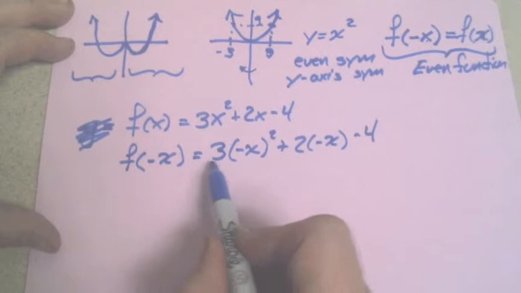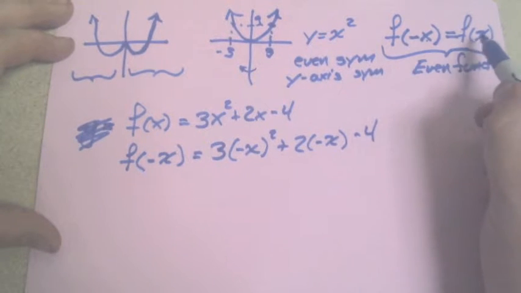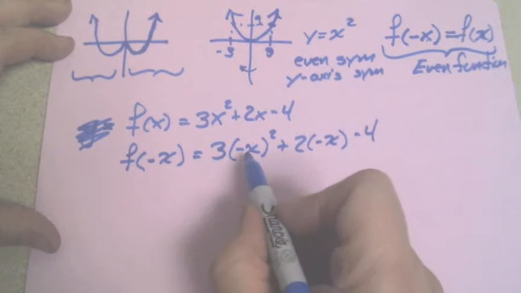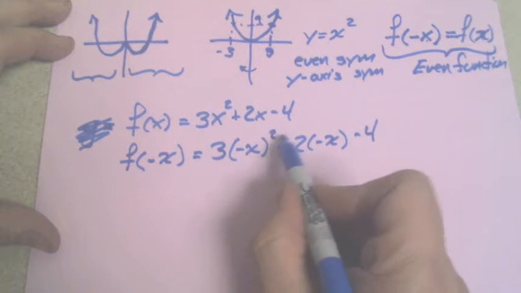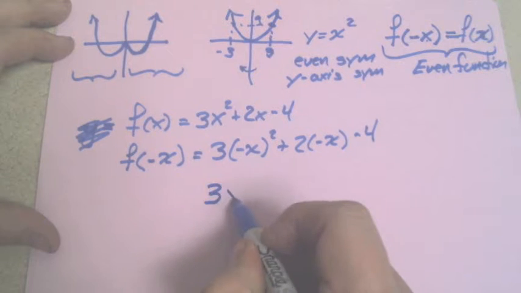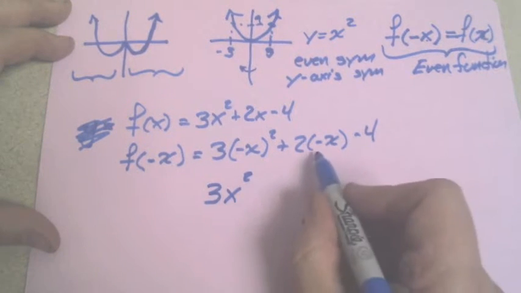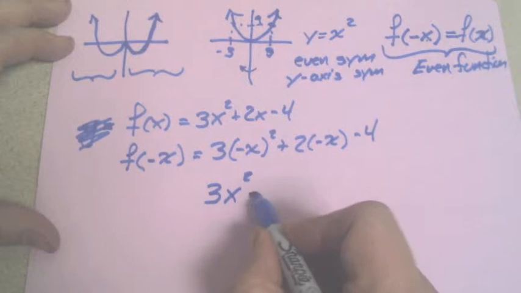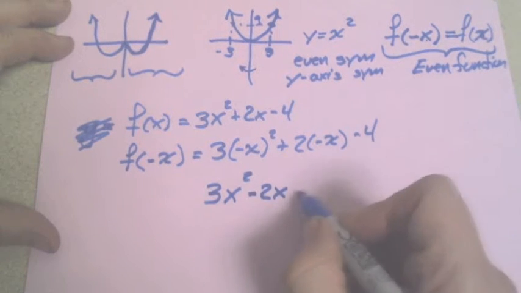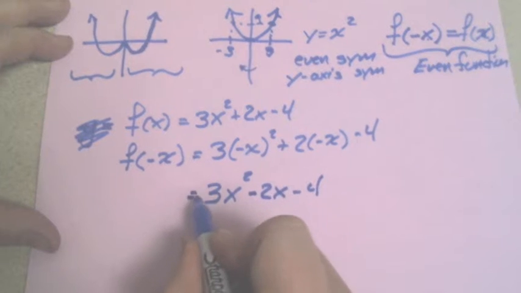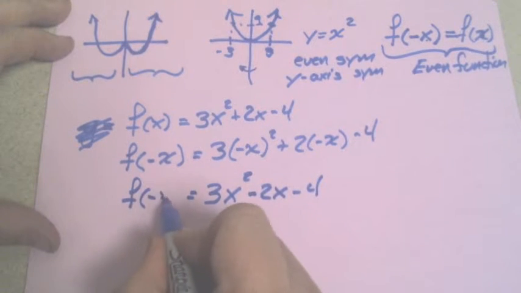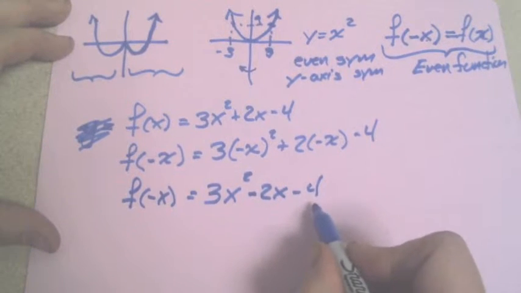And the goal is, can I simplify this and get back to my original f of x? Well, when we square that negative, we do end up with 3x squared, just like we had. But here, the 2 times negative x gives us a negative 2x minus 4. So this is our f of negative x simplified down.